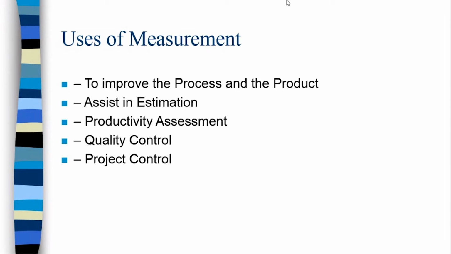Now, the uses of measurement. Software metrics refers to a range of measurements for computer software that enable software people to gain insight into the project. Measurement can be applied to your software process with the intention of improving it on a continuous basis.